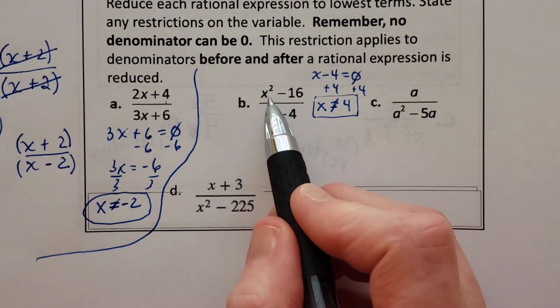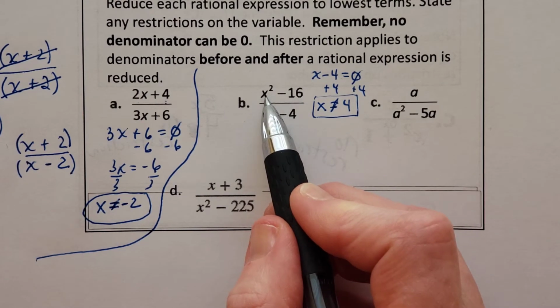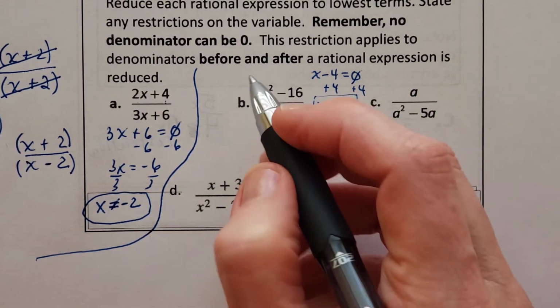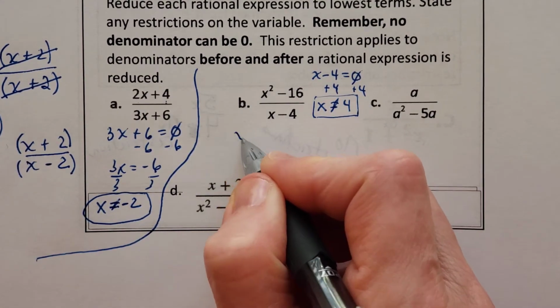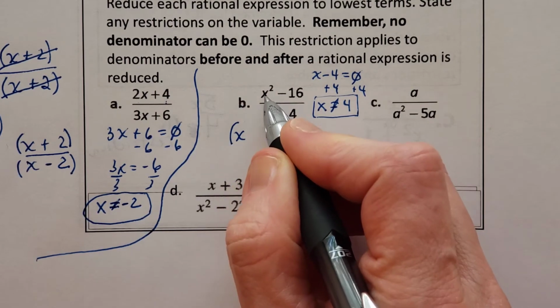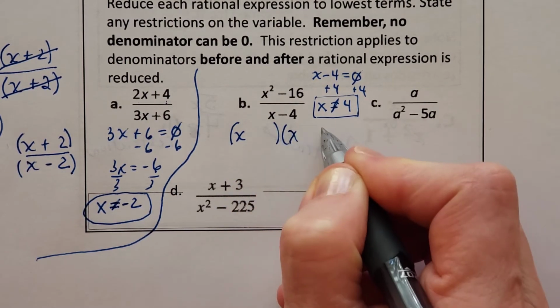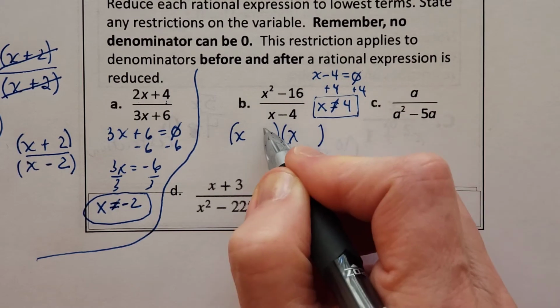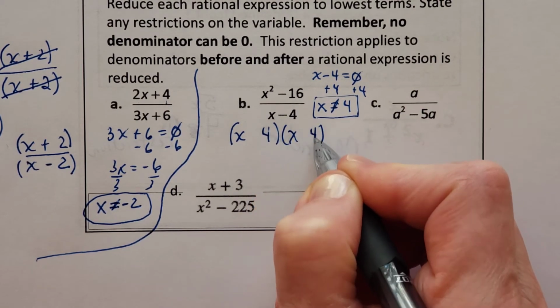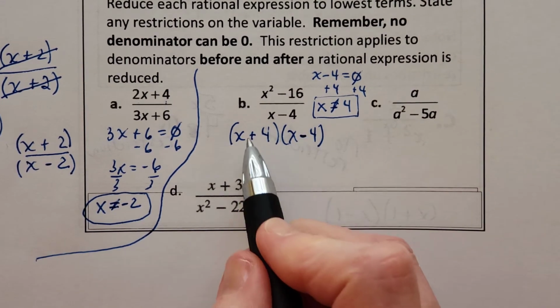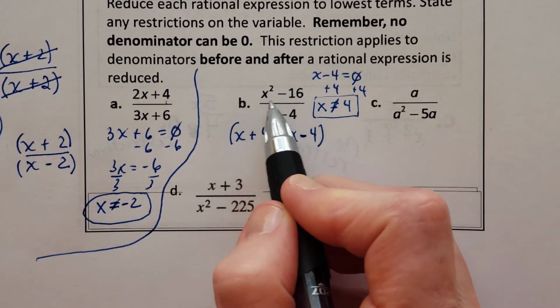Now we're going to reduce it. Well, this on the numerator, this is the difference of two perfect squares. So we're going to unfoil it. We're going to say, what is the square root of x squared? The answer is x. What's the square root of 16? 4. And if it's the difference of two squares, one gets a plus and one gets a minus. Now, if you FOIL this, you're going to get what we started with.